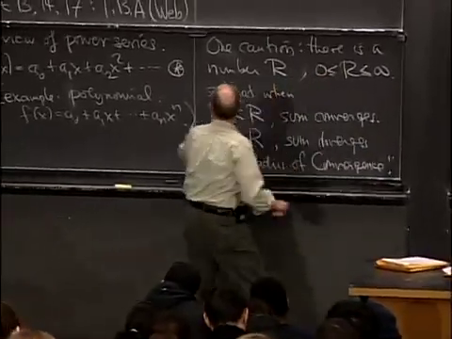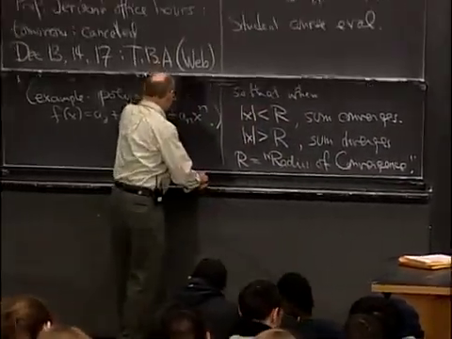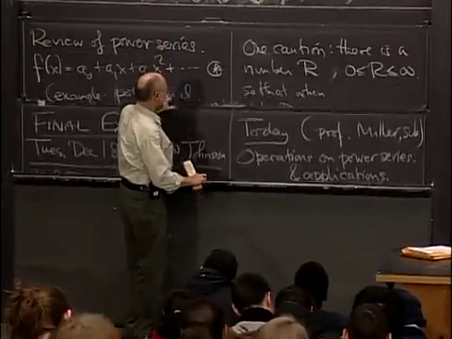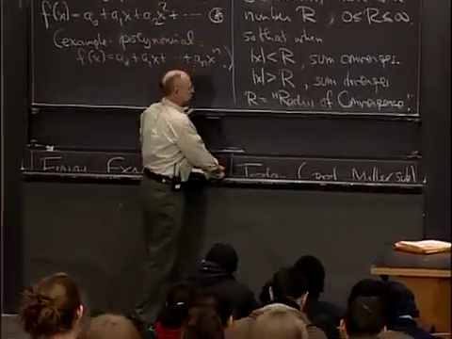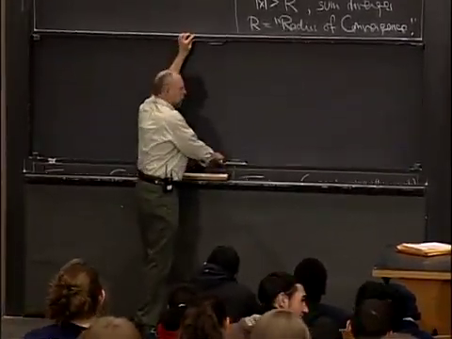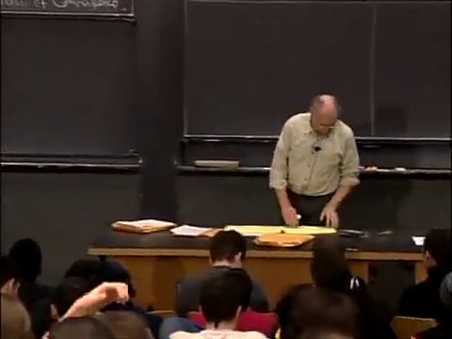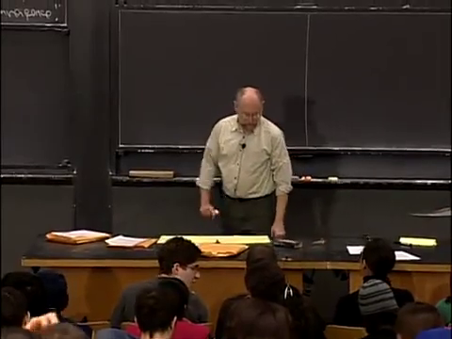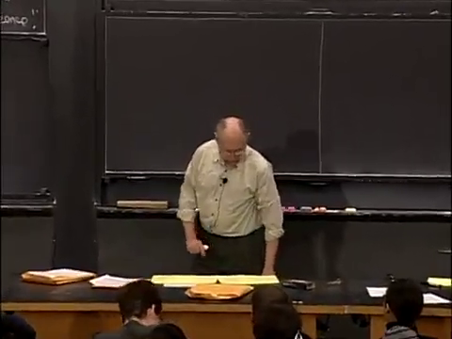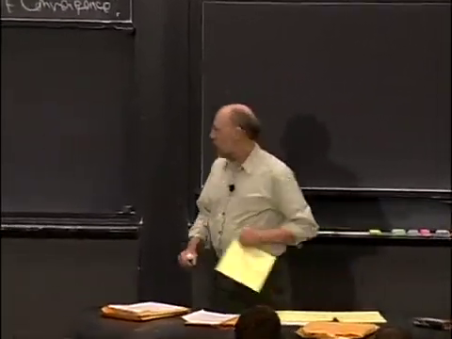Let me go on and give you a few more of the properties about power series, which I think that Professor Jarrison talked about earlier. So one of them is there's a radius of convergence. Here's another one.